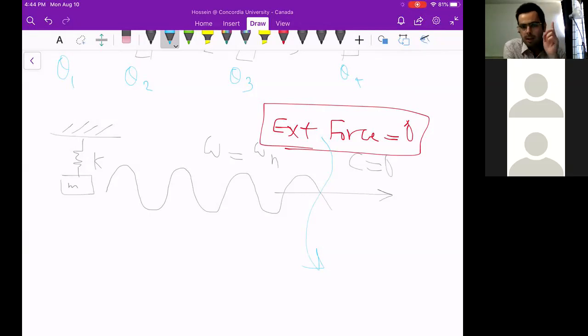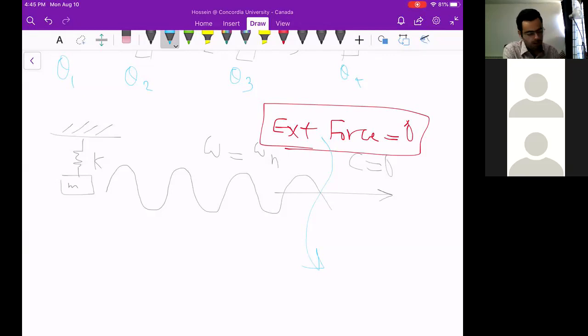You apply a unit deformation, unit angle or unit displacement at the first mass, and then calculate the displacement or rotation at the second mass, and then theta 3 or displacement 3 at the third and the fourth, and calculate force 1, force 2, force 3, and the last force, torque 1, torque 2, torque 3, and the last torque. If the last torque becomes zero, the chosen frequency at the first point would be the natural frequency. So you have to take advantage of the trial and error method.